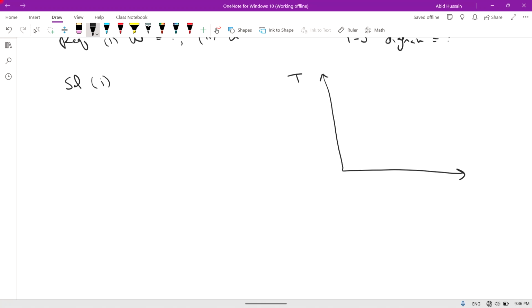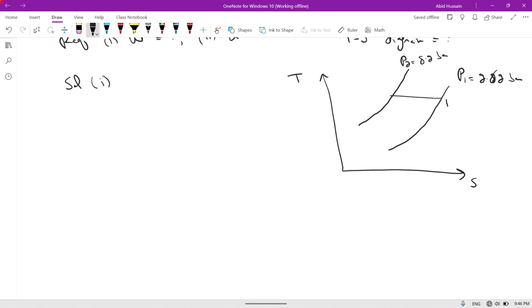Initially in part 1 the working fluid is air, so initial pressure P1 is equal to 2.62 bar, and after compression pressure increases to P2 is equal to 8.2 bar.